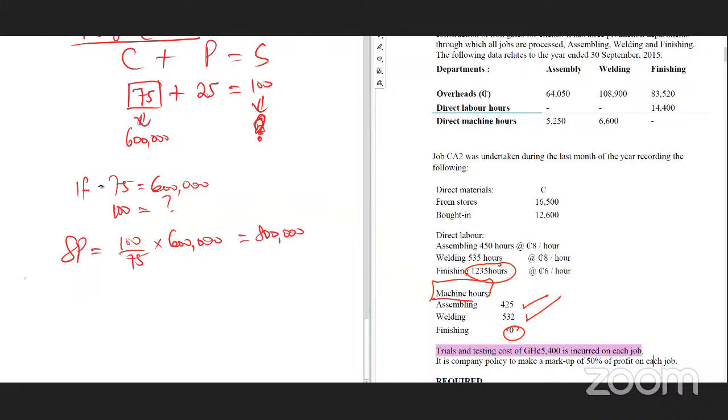So if I now want my profits, I can still take the profit percentage and use it to get a profit. So our profit was 25% margin out of the sales, which is 100 of 800, or you can use the 75, which is the 600,000, being the cost, to give us the profit, and the profit to be 200,000 also. Is it true?